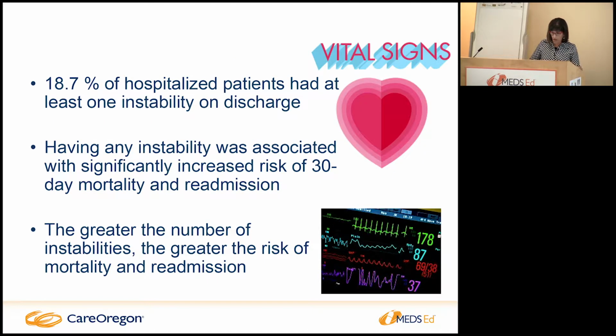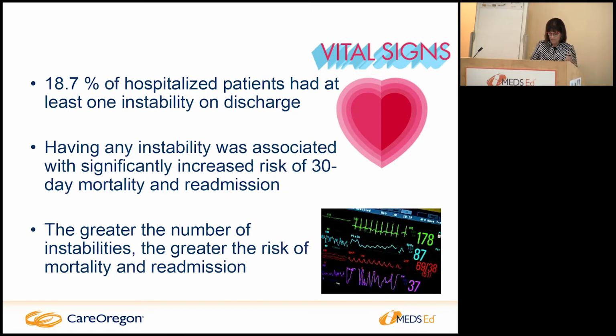But it's significant. Almost 1 in 5 patients are discharged with vital sign instability. So think about that. The most common one was heart rate. Having any instability was associated with a significant increase in 30-day mortality and readmission. And the greater the number of instabilities, the greater your risk of mortality and readmission.